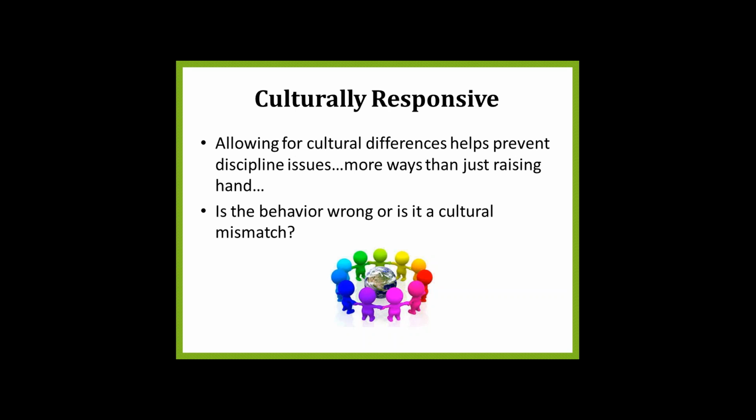So in some cultures, eye contact when speaking to an adult is considered disrespectful. In some cultures, shaking hands with members of the opposite sex that they do not know well is considered taboo. So really having that understanding of who your students are also helps you determine if this is a cultural mismatch. And we do have some activities designed to help you determine those things.